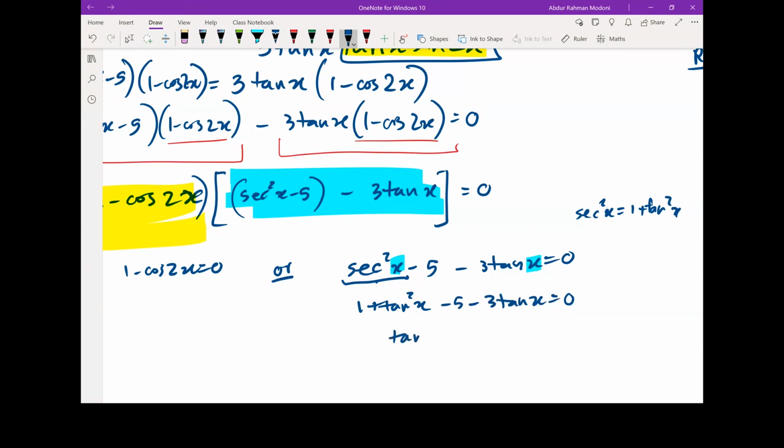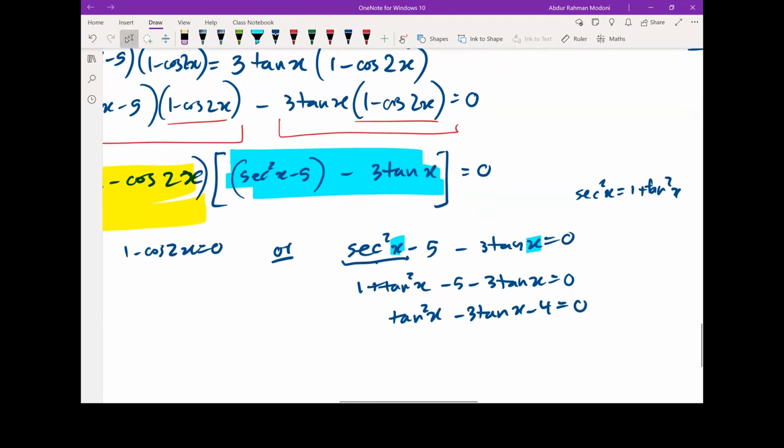And we can tidy this up a bit to get this equation here, which is just involving tan. This equation can be tidied up a bit because we can factorize this. So tan squared x minus 3 tan x minus 4 can then be factorized into tan x minus 4 and tan x plus 1 equals 0.